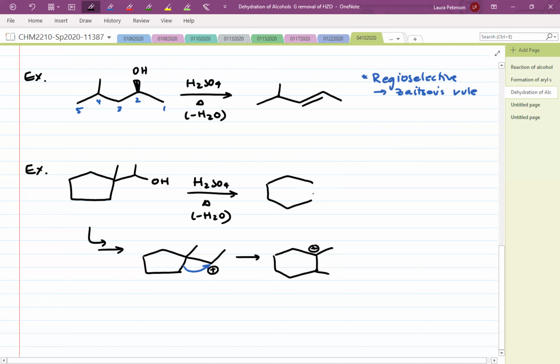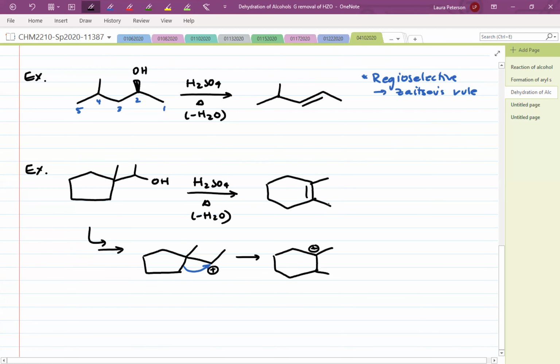So the major product of this reaction would be that. If you're going to predict the minor products from these reactions, you would consider the carbocation that's formed and think about the different eliminations you could perform from either the original carbocation or the rearranged carbocation. So this highlights a ring expansion rearrangement in the context of dehydration.